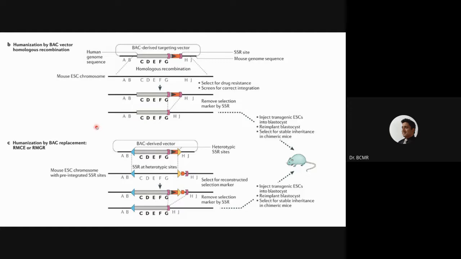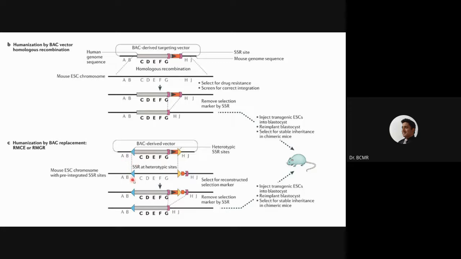We can also do it by another replacement, here using site-specific recombination. Here, we are using homologous recombination between these regions so that we get the integration of the human genes. In this case, we are adding site-specific recombination sites here and here.